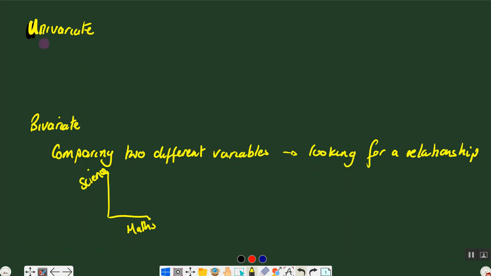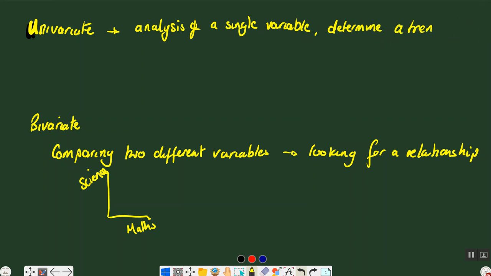So when we're looking at univariate, it's a kind of analysis of a single variable. Normally, we're looking to determine a trend or pattern, or might call it a behaviour, spelt in the English way.